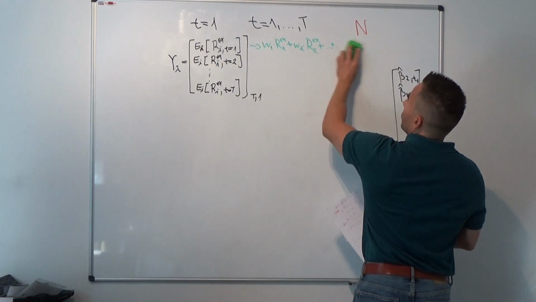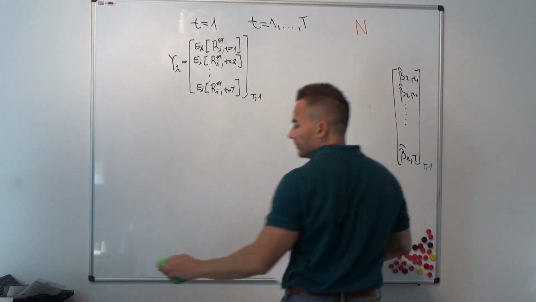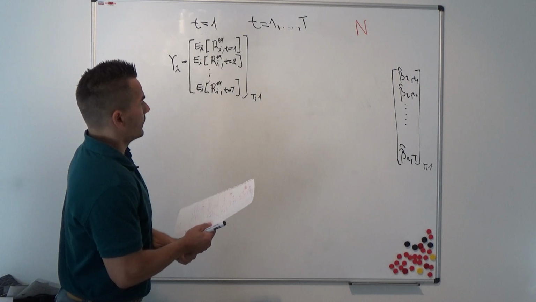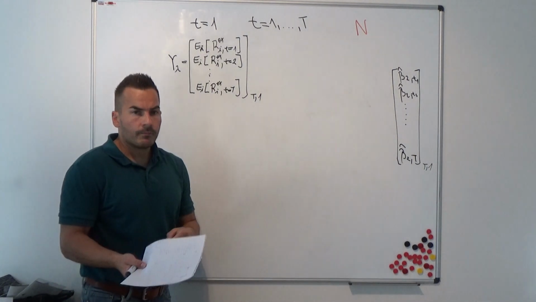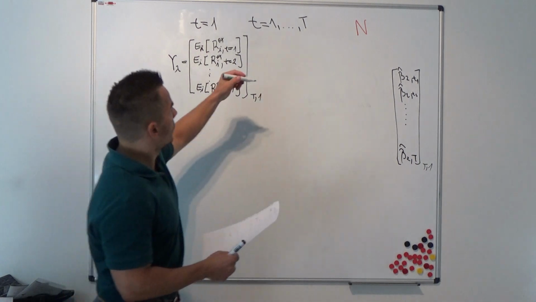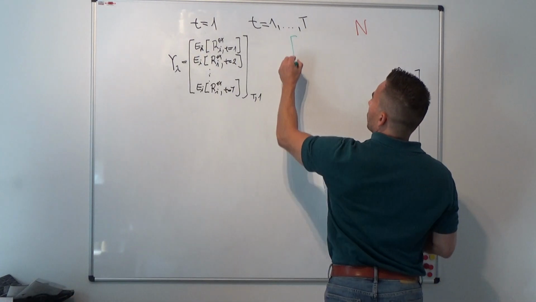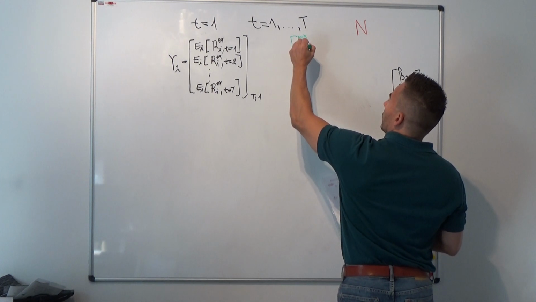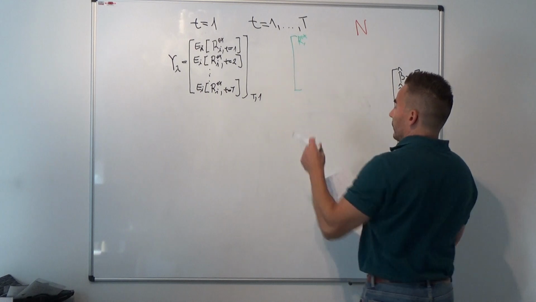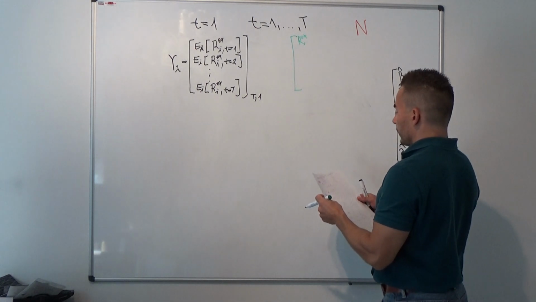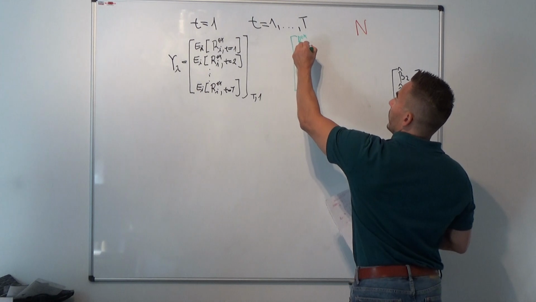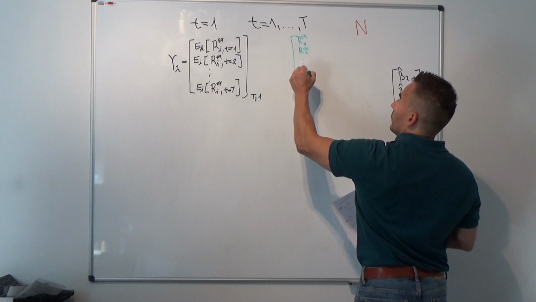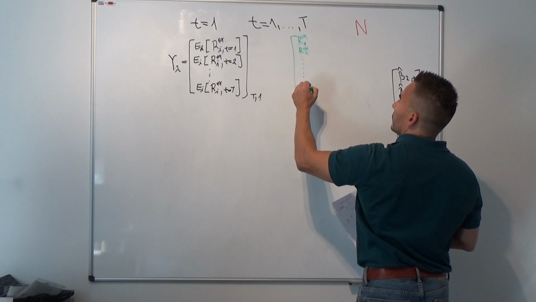Let's take this away. So obviously, for each point in time, we have a different vector of excess returns. For time t is equal to 1, we have a vector of excess returns across all stocks.